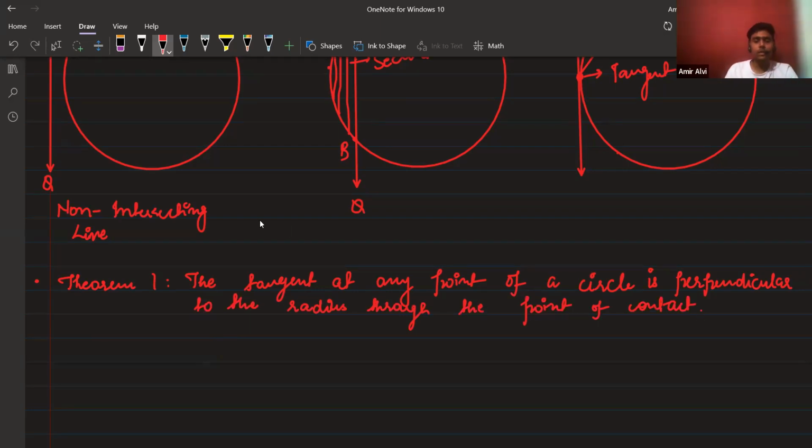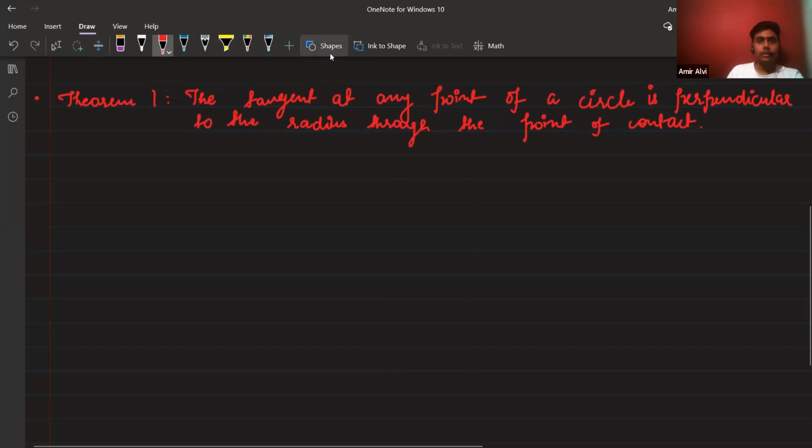Clear? It says that basically, the tangent at any point of a circle is perpendicular. So let me draw the figure so that you can understand this.